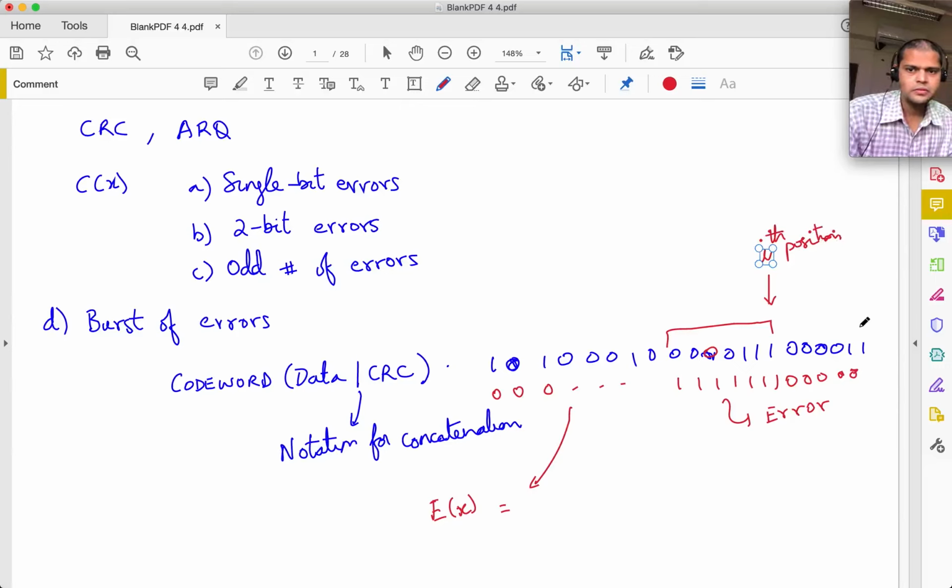So ith position from the end here, this is, let's say, the 0th position. And the burst was of, let's say, length L.